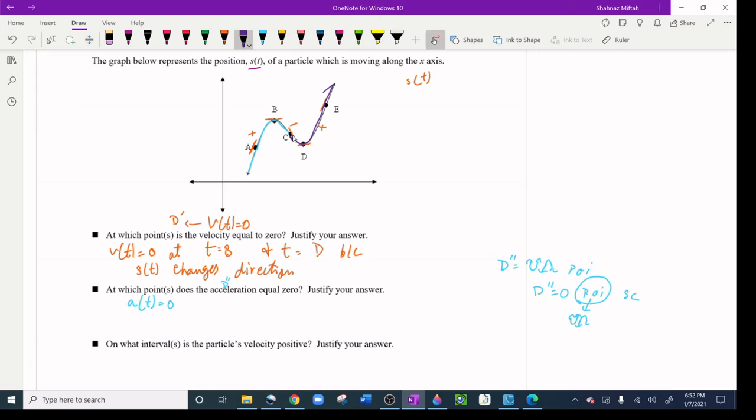So C is the point where the concavity is changing, my point of inflection, where the second derivative is equal to 0. So acceleration is 0 at t equals C, because again s of t has a point of inflection.